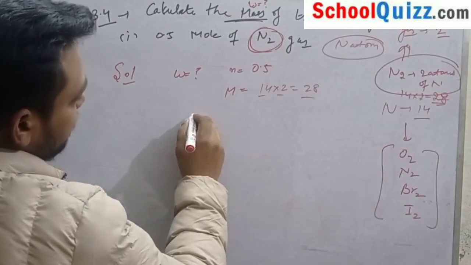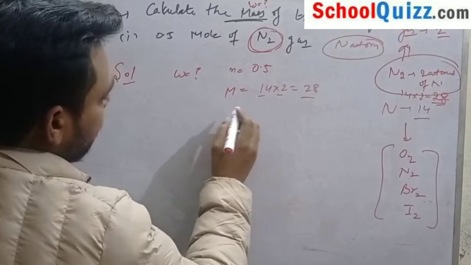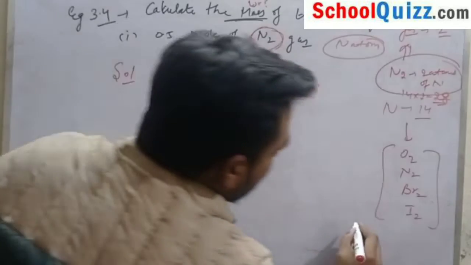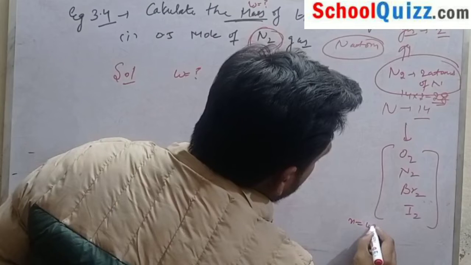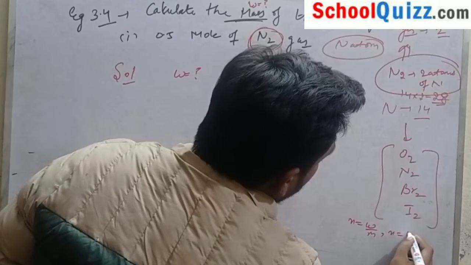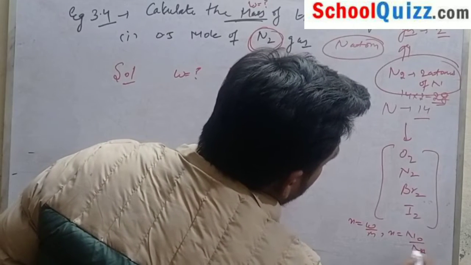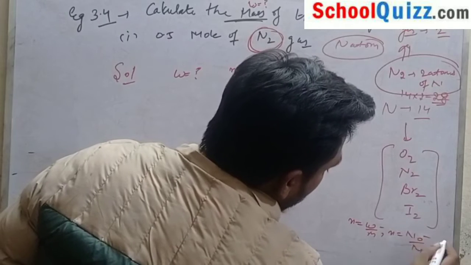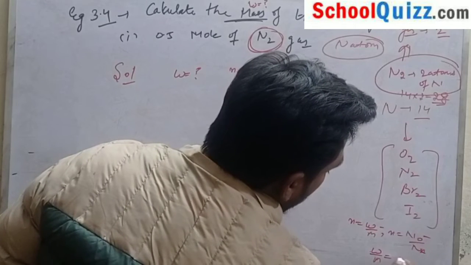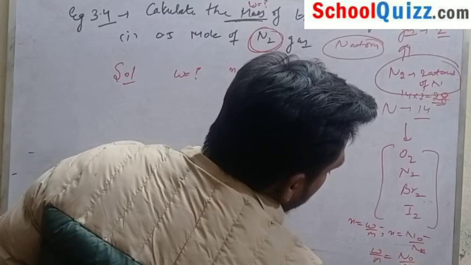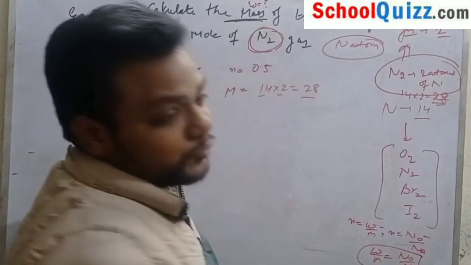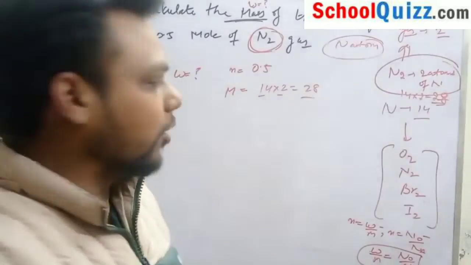Now we have 3 formulas: n equal to W upon M, n equal to N naught upon Na, and the third one is equating both. I hope now you students remember these 3 formulas.